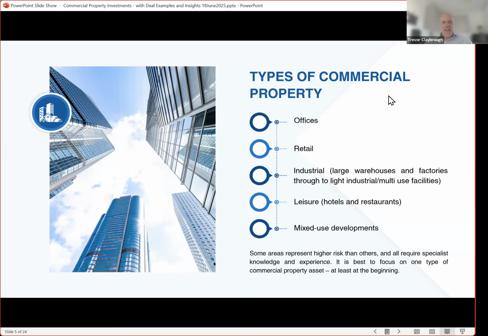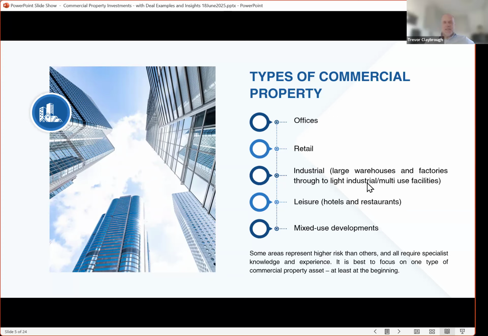Yeah, and I'd just add, at the bottom here, all of these have different risks and different specialist knowledge required in each of them. For example, operating hotels is completely different from dealing with offices. Generally, we're focusing on a specific type of asset.